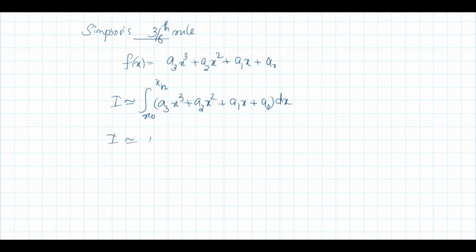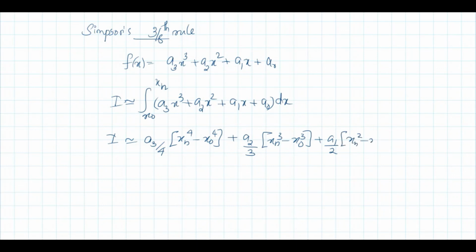I is approximately equal to a3 by 4 into xn raised to 4 minus x0 raised to 4, plus a2 by 3 into xn cube minus x0 cube, plus a1 by 2 into xn square minus x0 square, plus a0 into xn minus x0. If you find a3, a2, a1, a0, you can find the value of the integral.